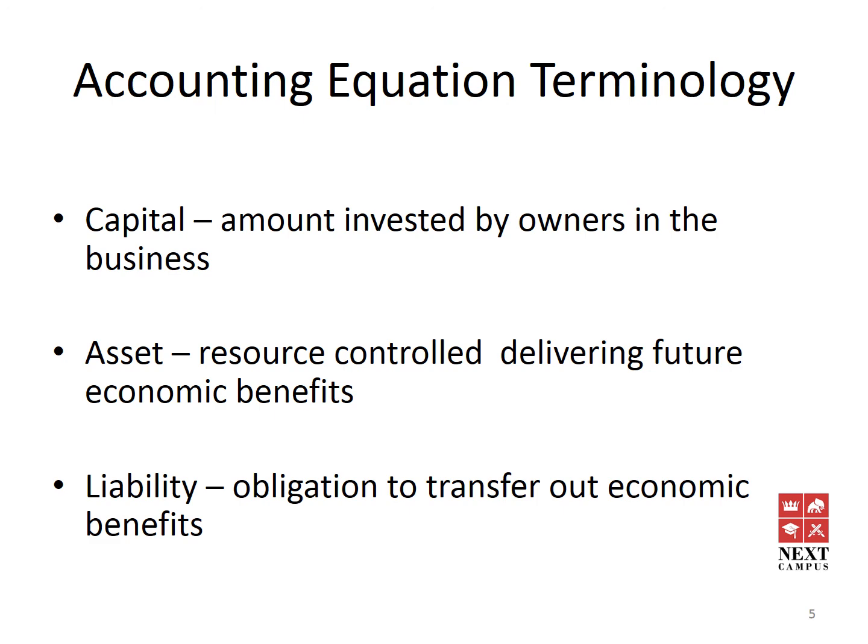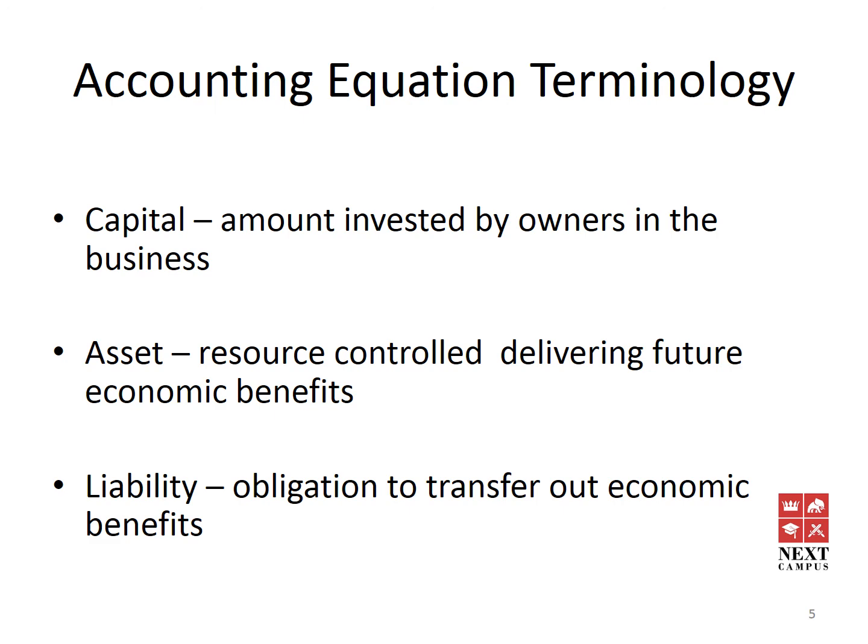Liabilities are obligations that the business has to pay, obligations to transfer out economic benefits. Obligations like bank loans, like amounts of money invested in the business by a lender. So it's a liability, an obligation that has to be paid. So assets equals capital plus liabilities.